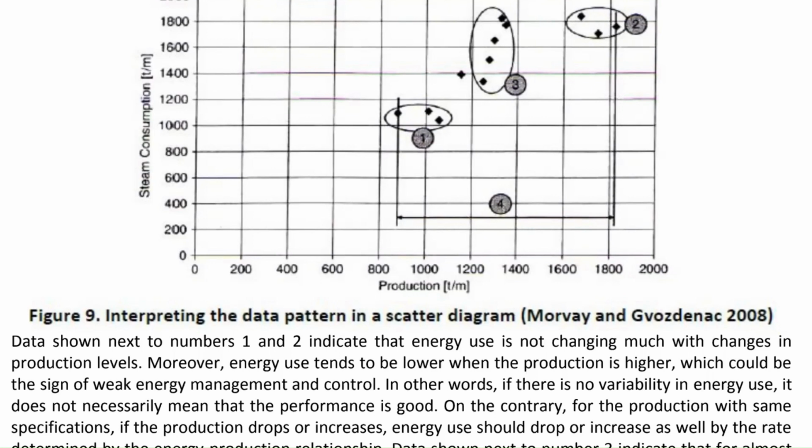So the point of analysis here is that when more production can be done at the expense of less steam consumption, then why are the second point and the first point consuming more steam for less production?